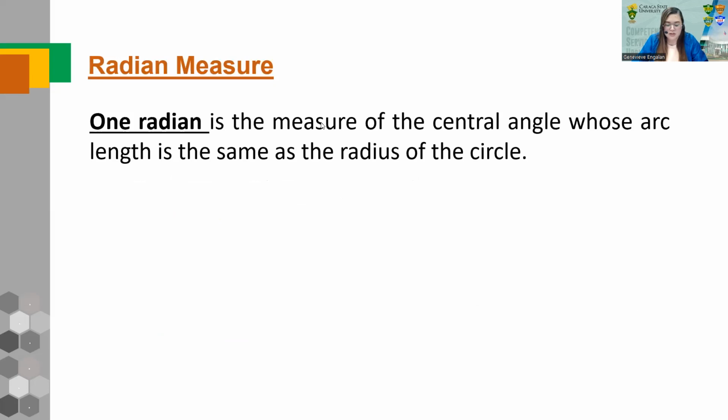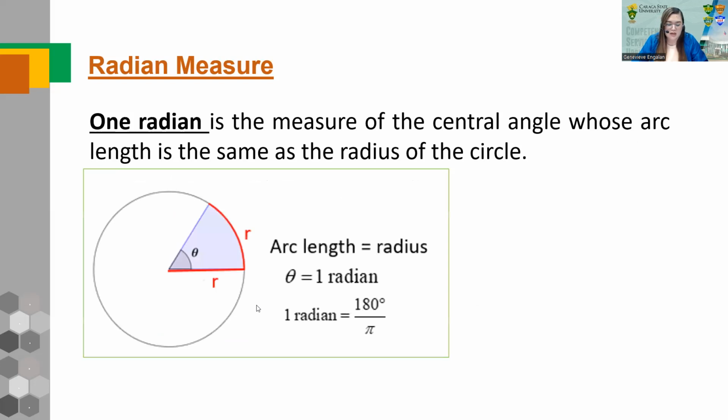Okay, radian measure. So 1 radian is the measure of the central angle whose arc length is the same as the radius of the circle. Okay, so if ang arc length is equal to the radius, then ang atong theta is equal to 1 radian.